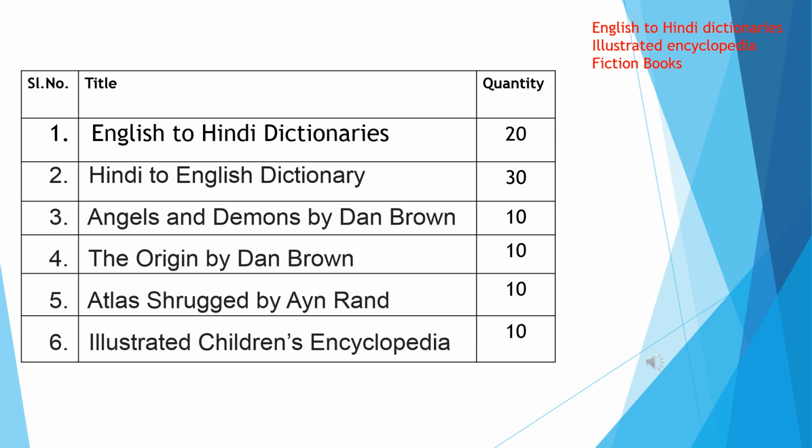Then Hindi to English dictionary, that we added. Then in the question it was said fiction books. You can see Angels and Demons by Dan Brown, 10 copies. The Origin by Dan Brown, 10 copies. Atlas Shrugged by Ayn Rand, 10 copies. Then Illustrated Encyclopedia, it was mentioned in the question. So Illustrated Children's Encyclopedia, 10 copies.